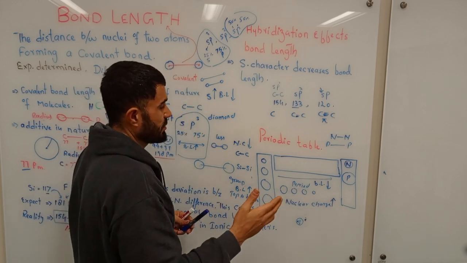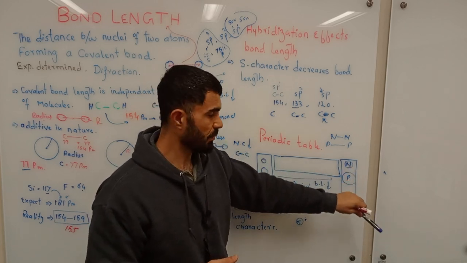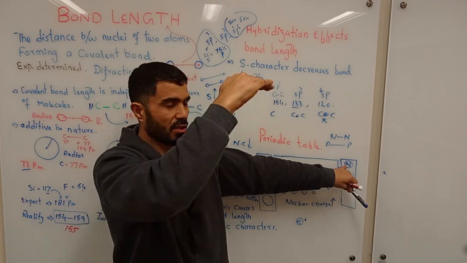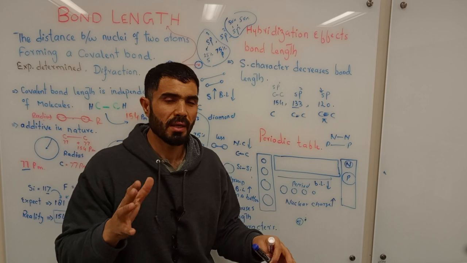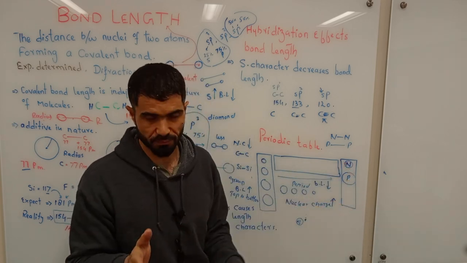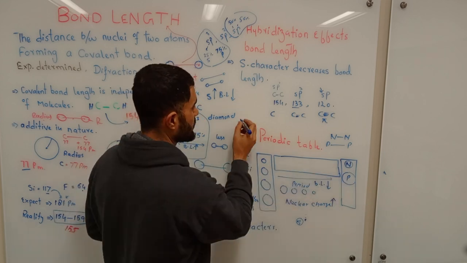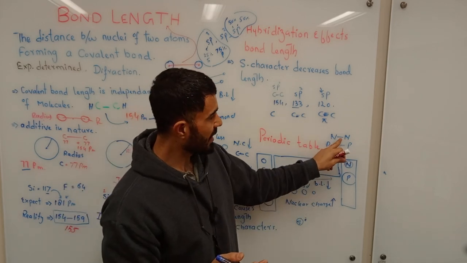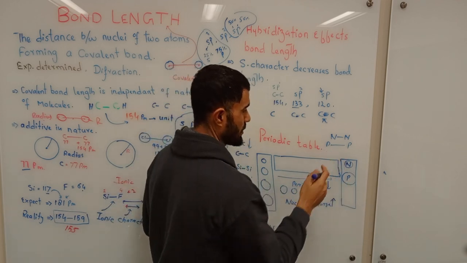Okay, so let me give you an example of nitrogen and phosphorus for group-wise. Nitrogen is at the top, phosphorus is below nitrogen. So the size of nitrogen would be slightly less than phosphorus. As a result, if two nitrogens are bonded together, the bond length will be less than for phosphorus, because the size of phosphorus is bigger.